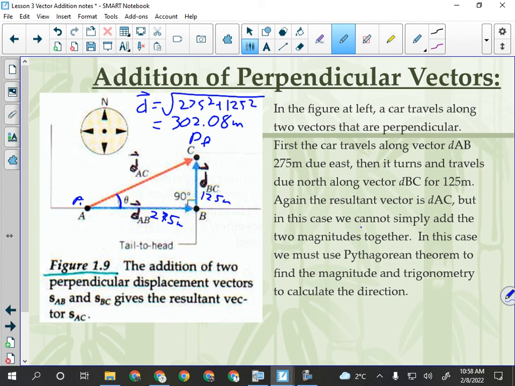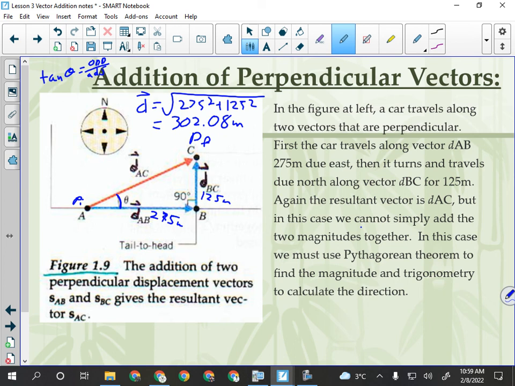Sine or I would use tan. Yeah. Okay. I would use the trig function tan, because tan of theta equals the opposite side divided by the adjacent side, and I have those two sides. I know the opposite side's 125, and I know the adjacent side is 275. Everybody all right with how I picked which one was opposite and which one was adjacent?